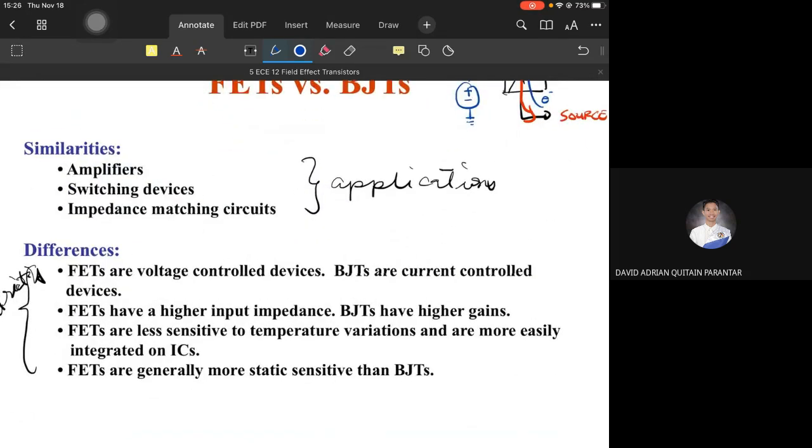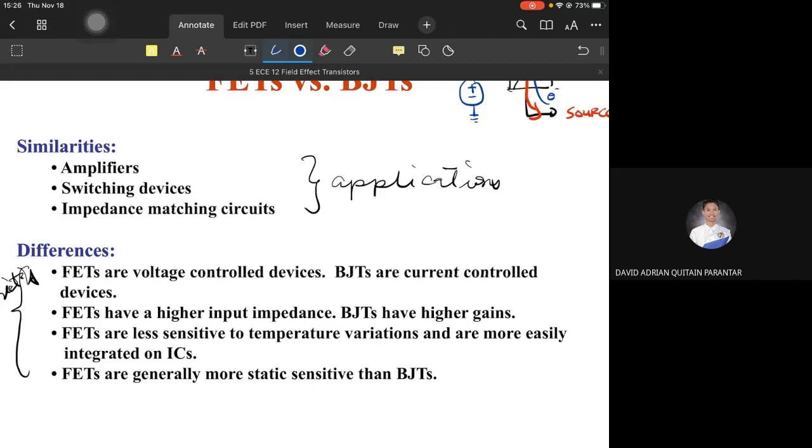Whereas BJTs are current controlled devices, FETs are voltage controlled devices. Or we could say that FETs are voltage controlled current sources, whereas the BJT is a current controlled current source.